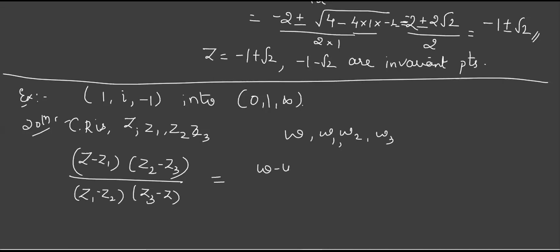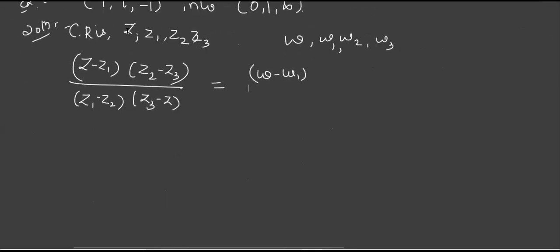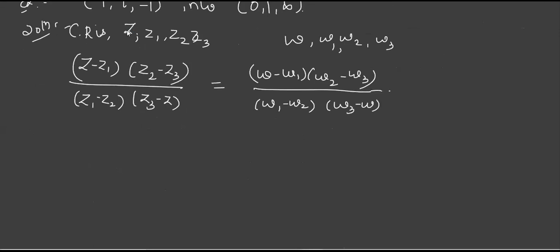So here it is (W minus W1) into (W2 minus W3) upon (W1 minus W2) into (W3 minus W). Okay. Now just see these points.